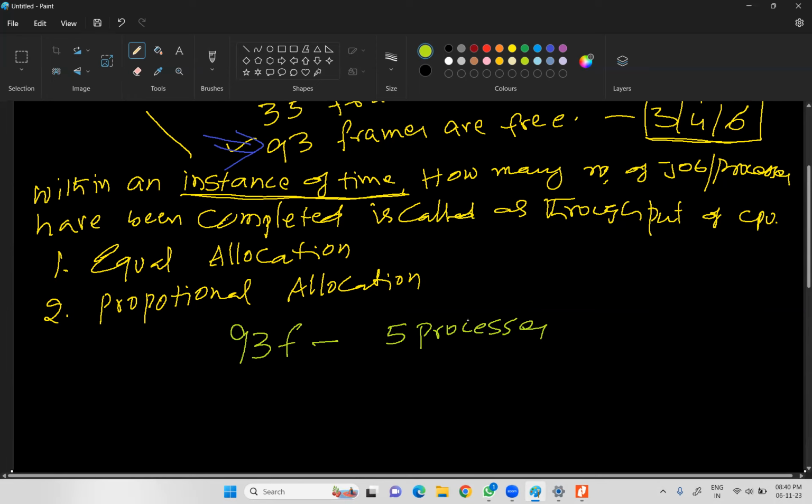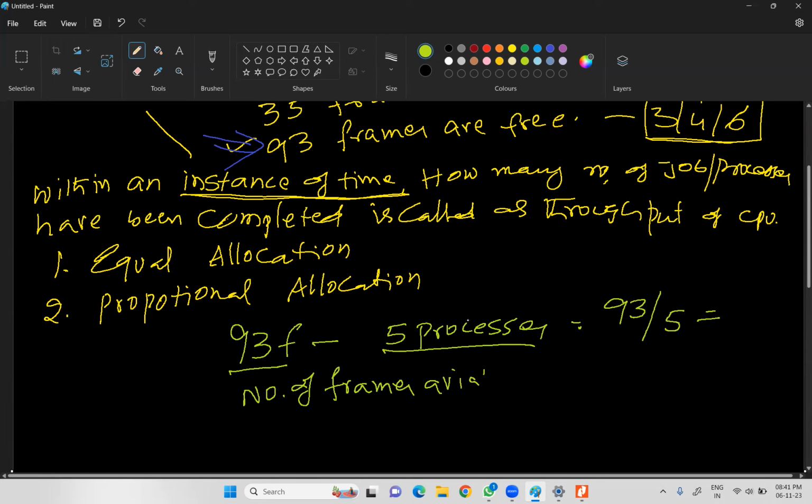It's very simple to allocate in this kind of situation, the equal allocation. The number of frames is 93, the number of processes is 5. So 93 divided by 5 will be considered as equal allocation. So simply, the number of frames available divided by the number of processes.